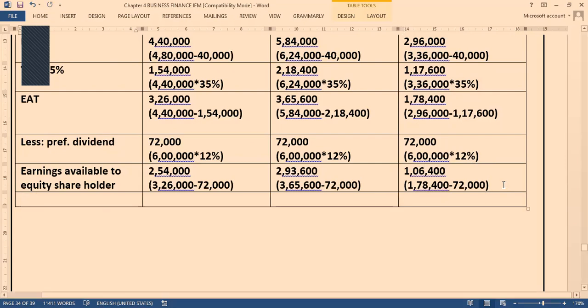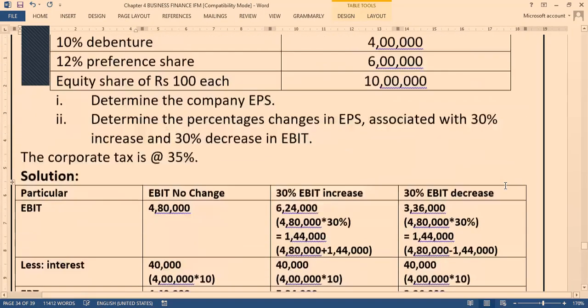Now we have to find how many shares we have. In the question, they have clearly mentioned the kind of shares.